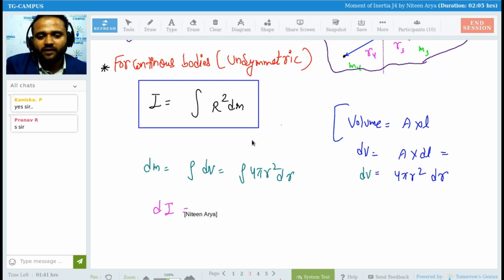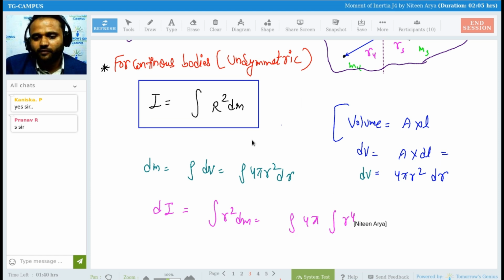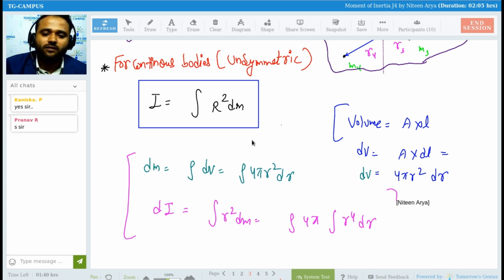So dI is going to be integration r square dm, and that is going to be rho 4 pi r to the power 4 dr, just putting in the value of dm. Got it what I am doing? So for different kinds of mass density, this integration is going to be different.